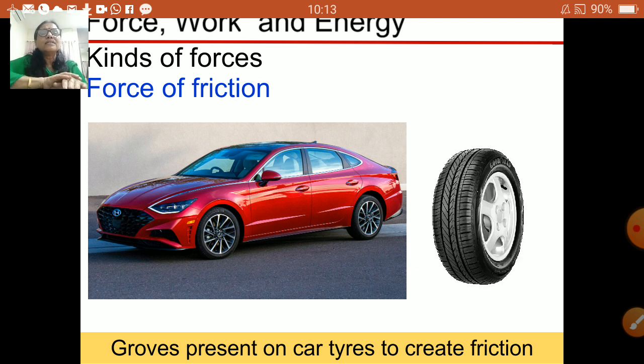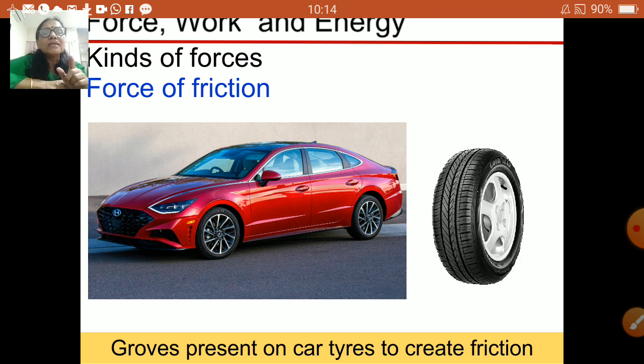On the road, the car is balanced, and it can move nicely. Yes, and whenever brakes are applied, it also stops the car. So these grooves are very important to create the friction with the ground, with the road, you can say.